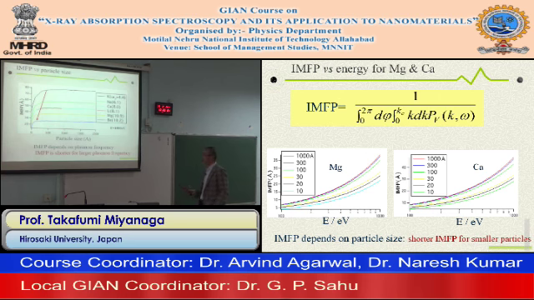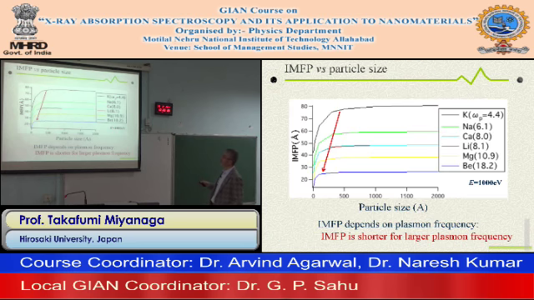So this is a summary of all our model substances with different plasmon excitations. This is the mean free path as a function of particle size.